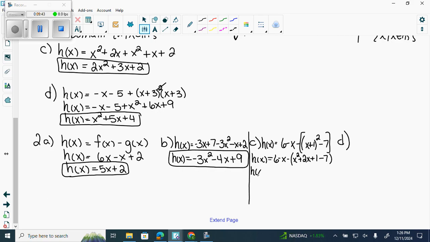And so we get h of x equals 6 minus x squared minus 2x minus 1 plus 7. So we get negative x squared minus 3x plus 12. And that part is annoying.